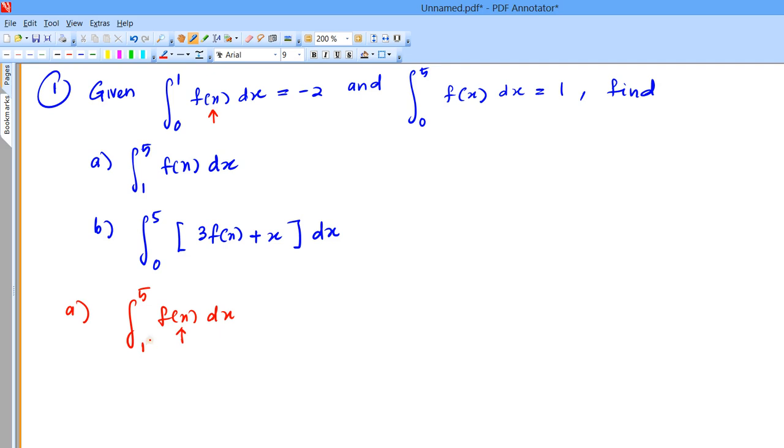From the given information, we have limit for f(x) from 0 to 1 and 0 to 5. But now from question A, we have a limit from 1 to 5. So what we can do here, we can separate the integral based on property number 5. Actually equal to, okay, just split the term or separate the integral.